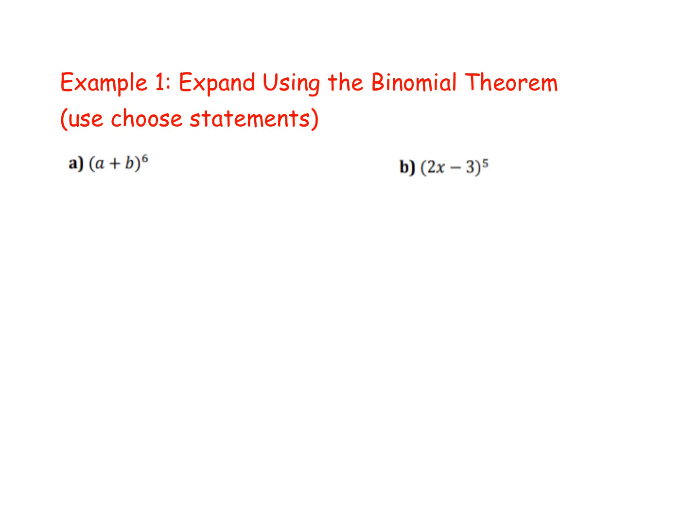The first thing we're going to do is expand a straightforward, basic a plus b to the exponent 6. And let's look at how easy this is going to be. We're going to go backwards for a minute. Why don't I write out our Pascal's triangle so we have it here on the same page. Oh dear, I'm going to run out of space.